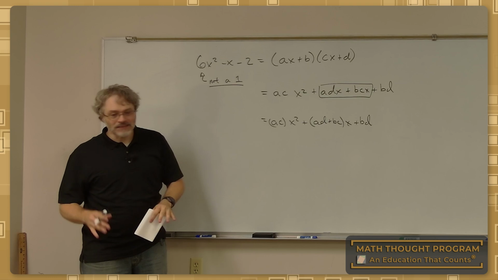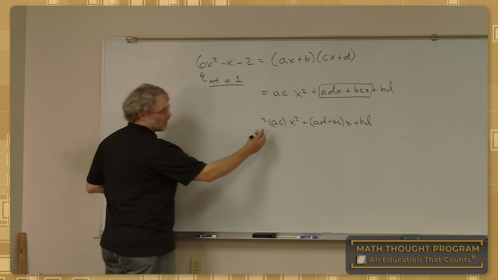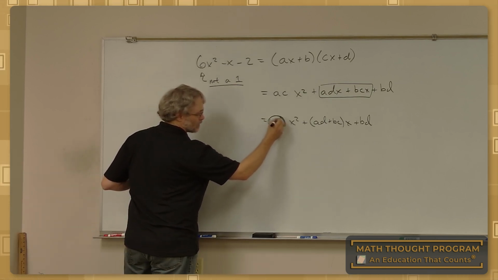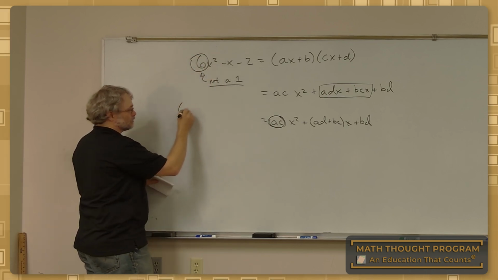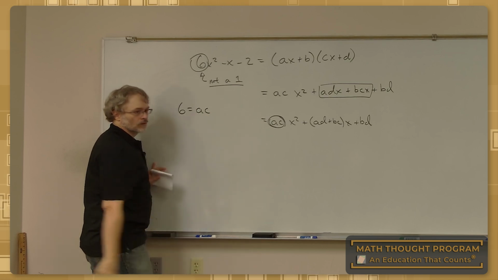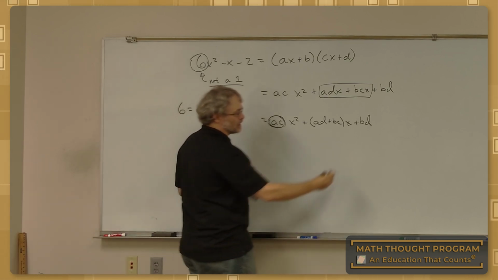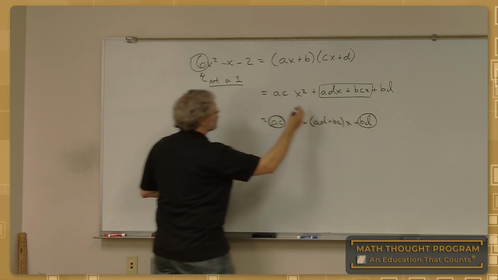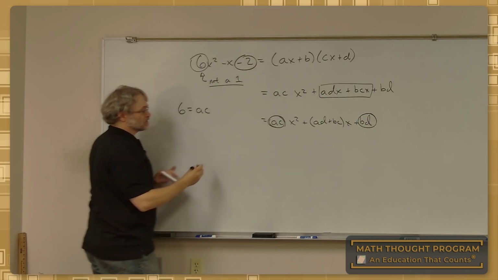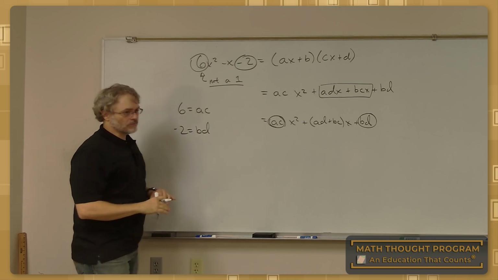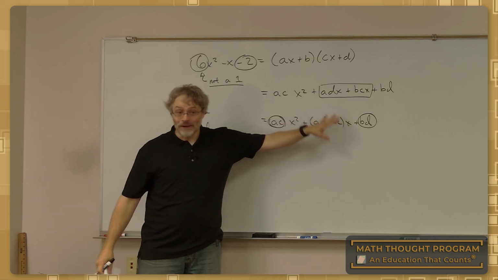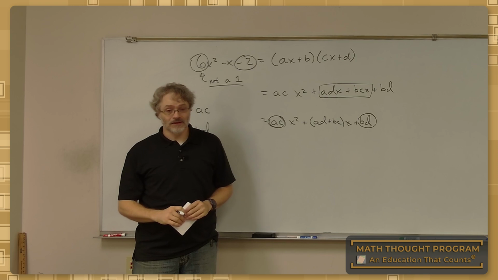Well, what that means is here I have an ac, and that's got to correspond to 6. And here I have a bd, and that's got to correspond to -2. And then in between, I've got this big old mess. I've got to figure this thing out.